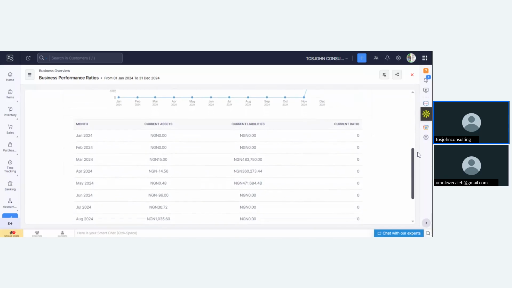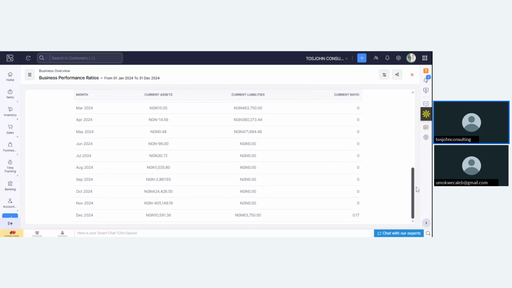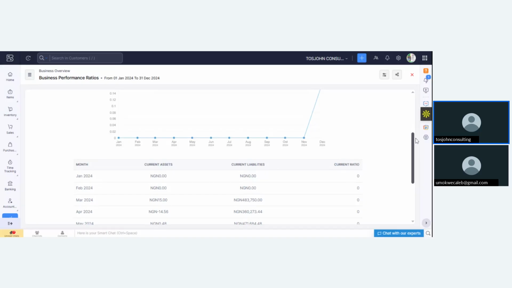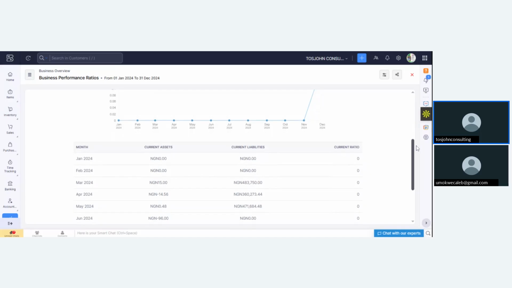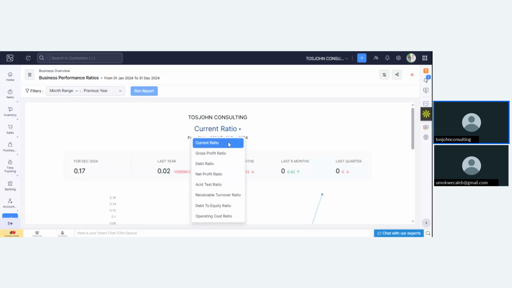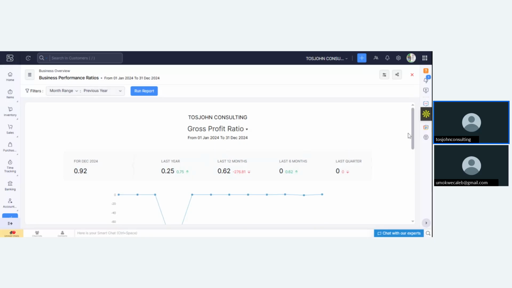So you can see under the current ratio, current assets, current liabilities. So you can look at them side by side against each other, right? That is what a ratio will give you, right? Current assets against current liabilities will give you your current ratio, right? Then another ratio, we have different ratios. You can also have the gross profit ratio, right?